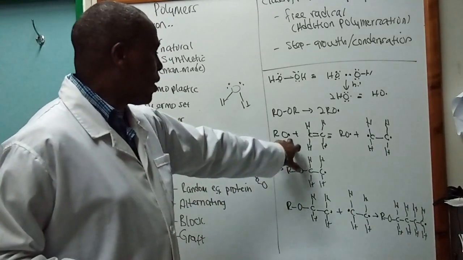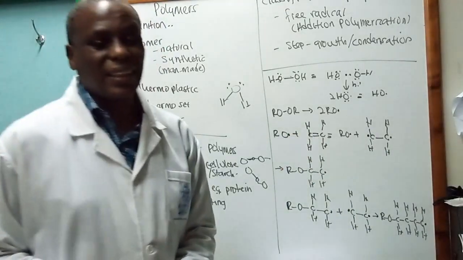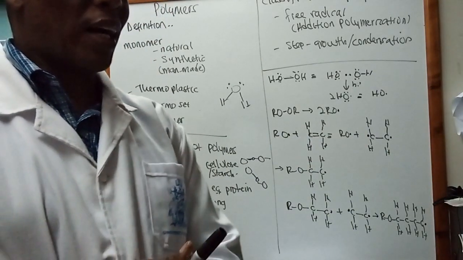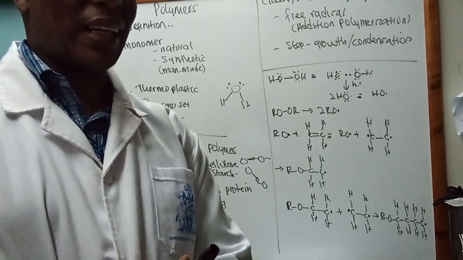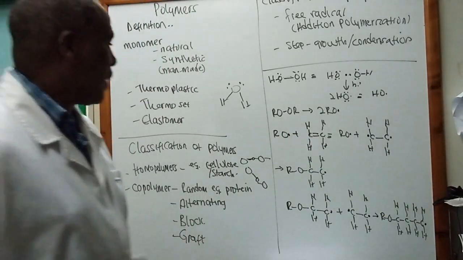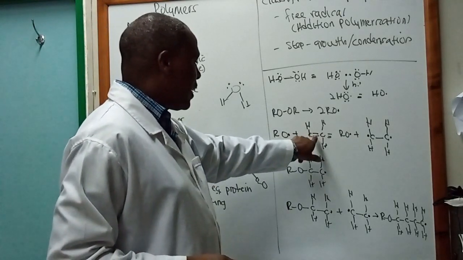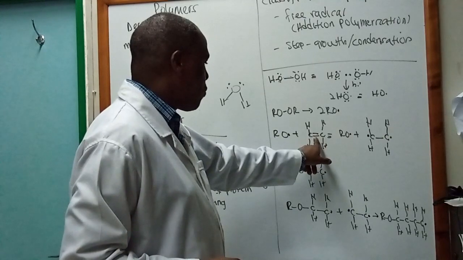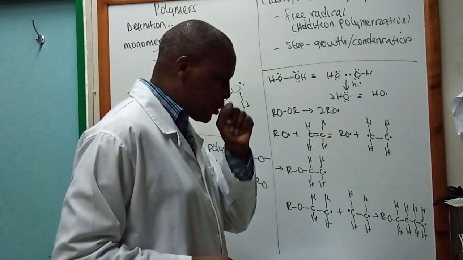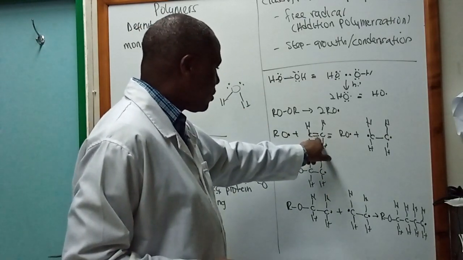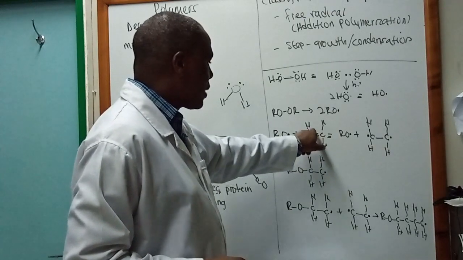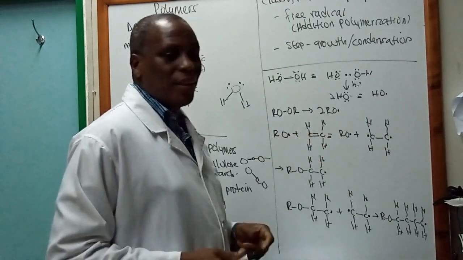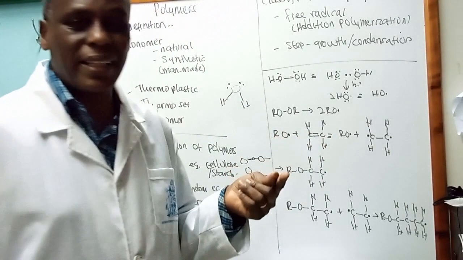One radical, like in this case, can react with a gas like ethene, which I've represented. Ethene is made up of a double bond. A double bond is made up of a sigma bond, and then the pi bond is made up of two unpaired electrons.